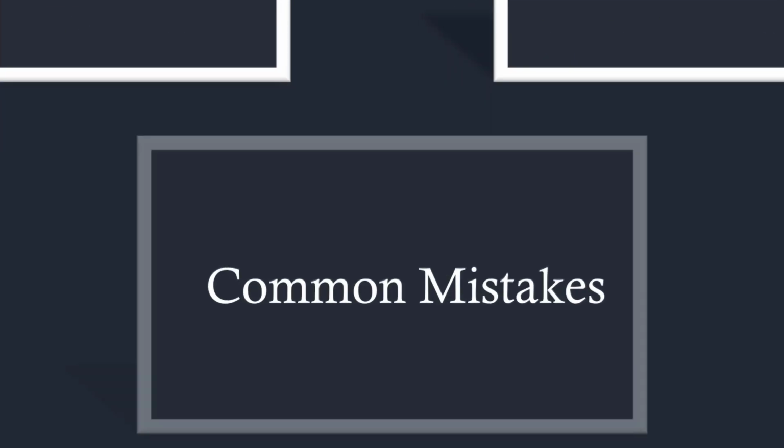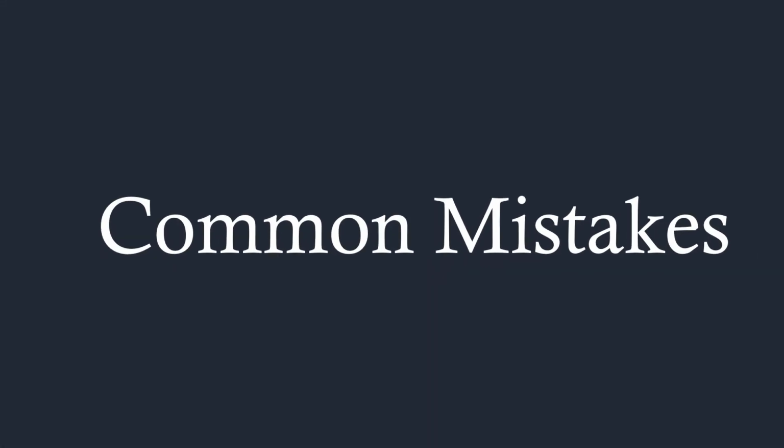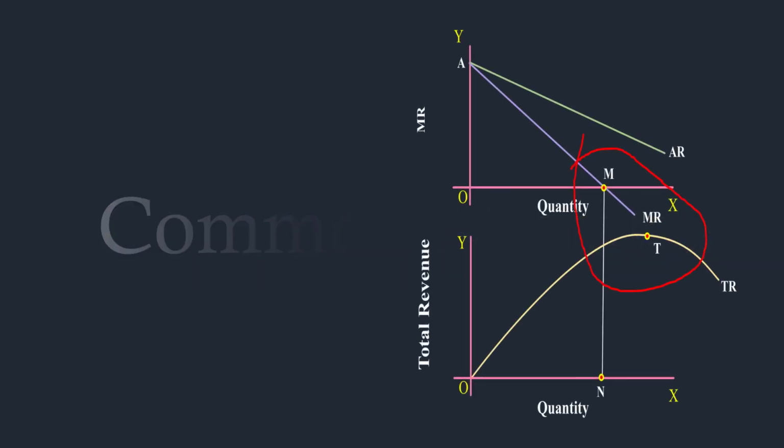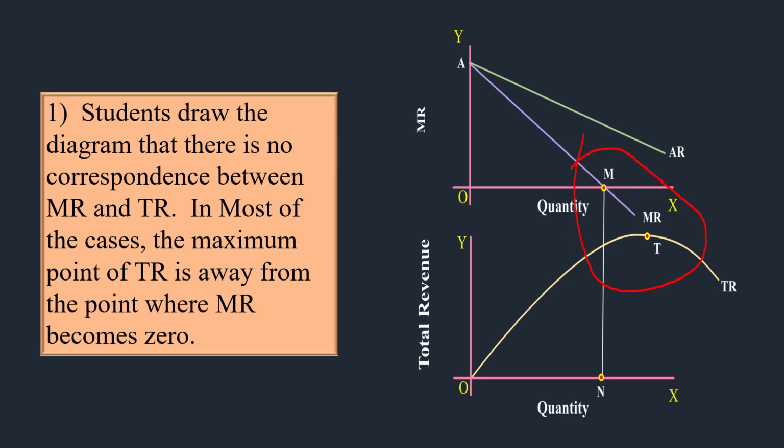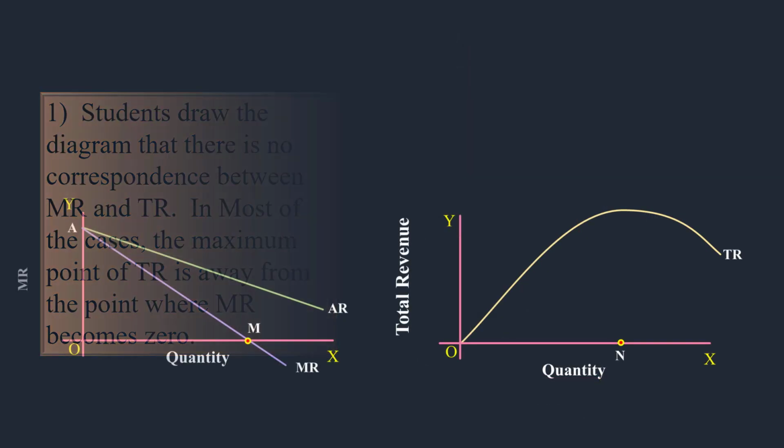We shall now see the board's comment about the common mistakes committed by the students. 1. Students draw diagrams that there is no correspondence between marginal revenue and total revenue. In most of the cases, the maximum point of total revenue is away from the point where MR becomes 0. 2.